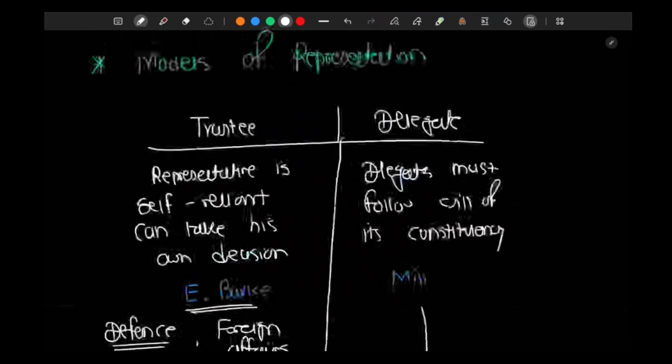To explain this more, Burke says that one is not a member of their constituency, one is a member of parliament, right? And one should see issues from a bird's eye view. One should view issues from a bigger picture, right? It is not just the constituencies MPs represent. It is the nation they represent. It is the parliament they represent.